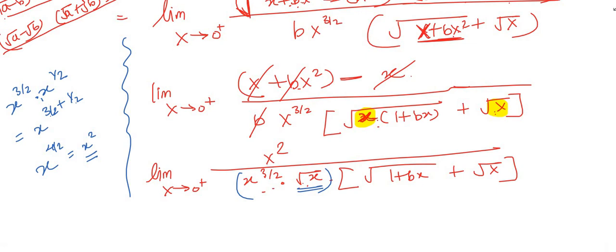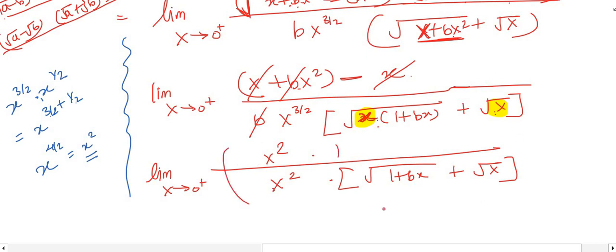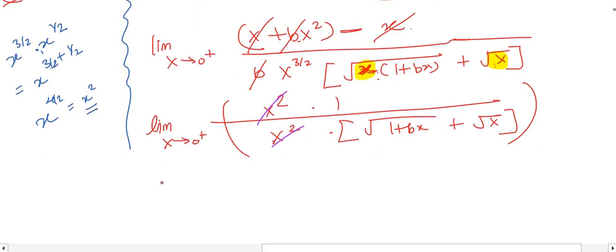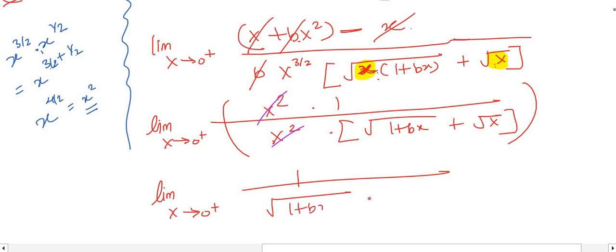Right? You can pause it and try on your own. So this whole part I got is x square. Let me write it here. Now what it looks like. I think this x square will cancel. So what we will get is limit x tending to 0 plus 1 by root of 1 plus bx plus root of x. Perfect.